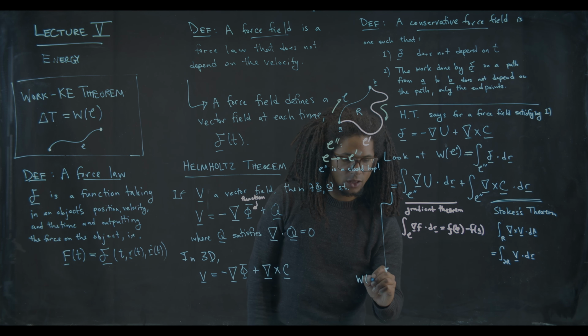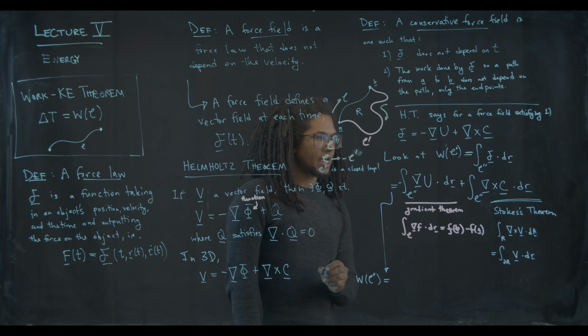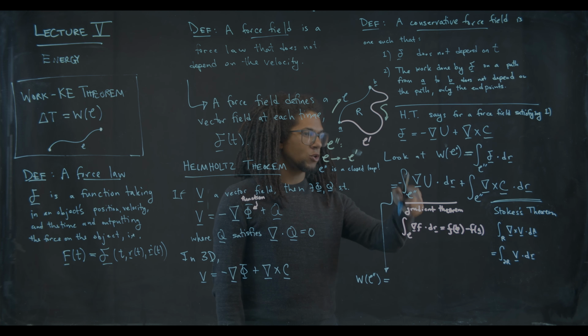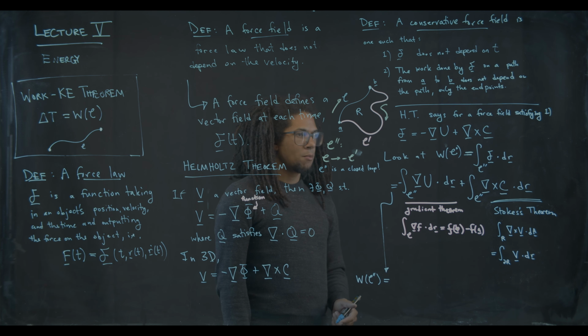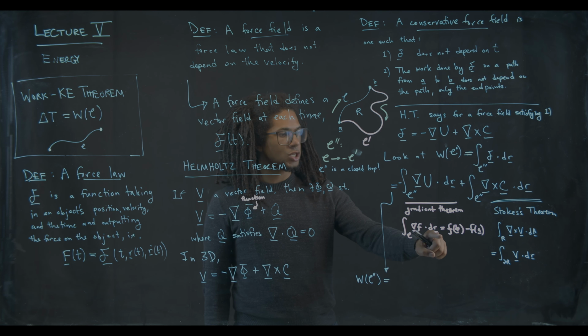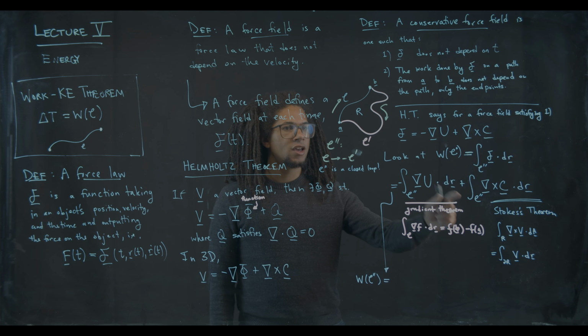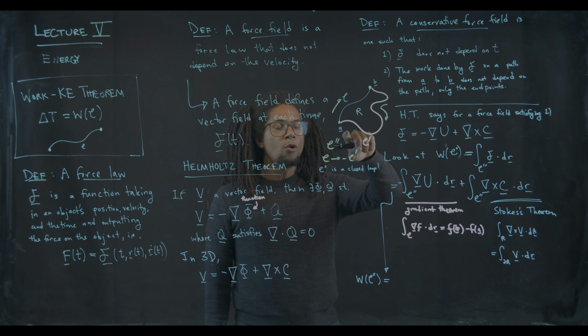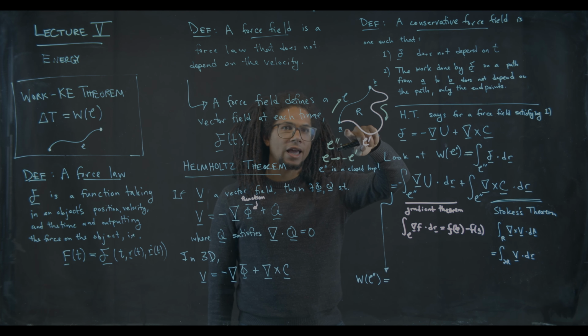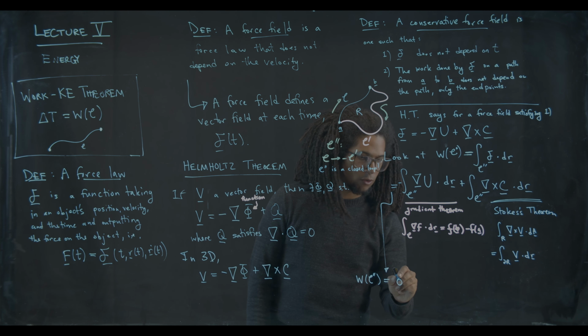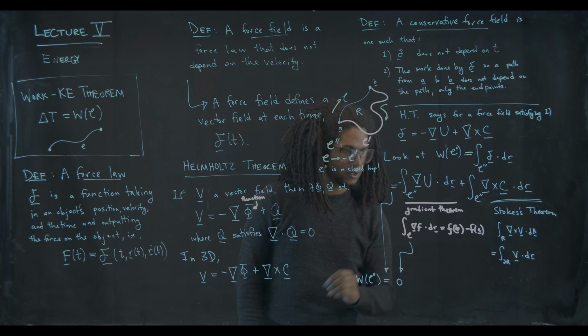So we get that the work done over C double prime is exactly equal to what we get from the first term by the gradient theorem. But notice that that tells us that we should get f of b minus f of a. For C double prime, both the beginning and the endpoint are a. So we'll get 0 from this first part.